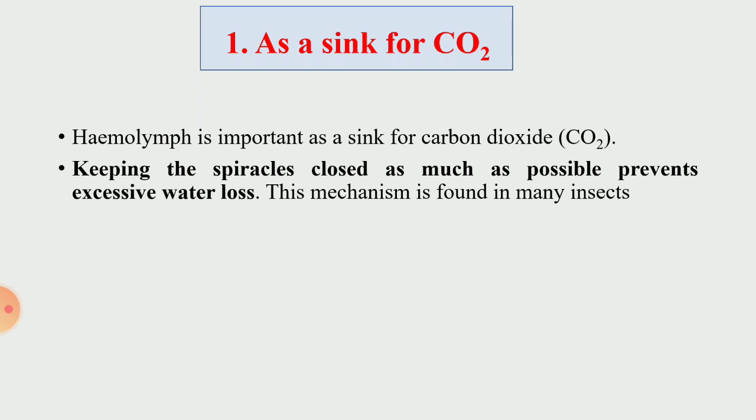This allows the spiracles to remain closed for many minutes until CO2 in the gas phase reaches a critical level and the spiracles open. Keeping the spiracles closed as much as possible prevents excessive water loss. This mechanism is found in many insects.